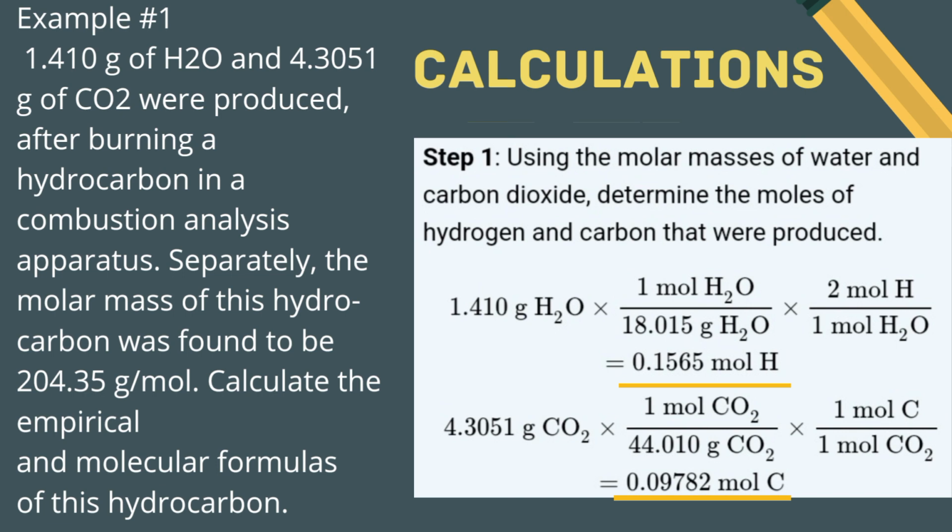So in order for us to do that, we have to convert to moles of each element in the compound. So here you can see that it is multiplied by 2 moles of hydrogen over 1 mole of H2O.